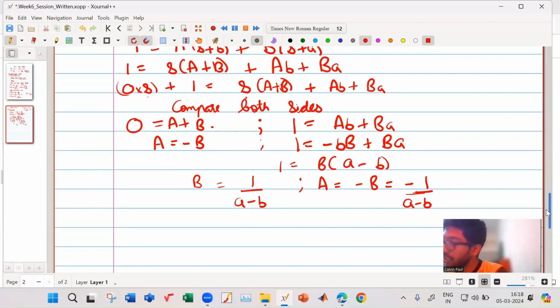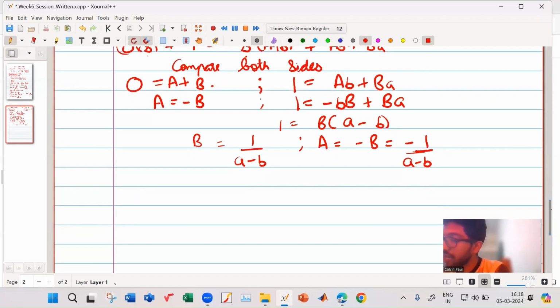So now what I do is, I can write my 1 upon (S plus A) into (S plus B) as capital A upon S plus A plus capital B upon S plus B. Right?